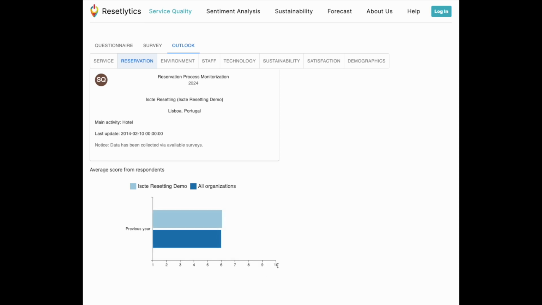They are not necessarily members of the consortium, but they are all companies that have created an account and are part of the SMEs type of target. The same is valid for all those areas. So you have scores for satisfaction, sustainability, technology, staff, which are the base blocks for it.